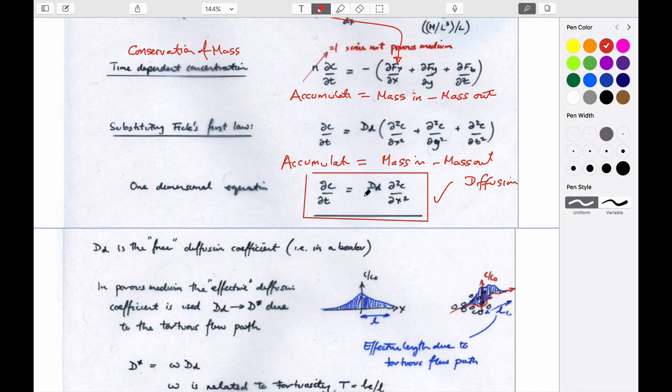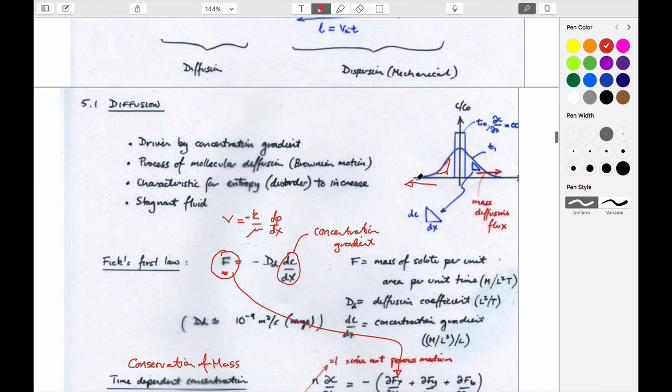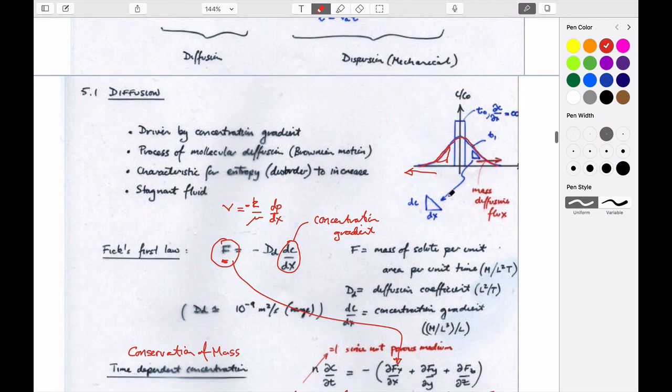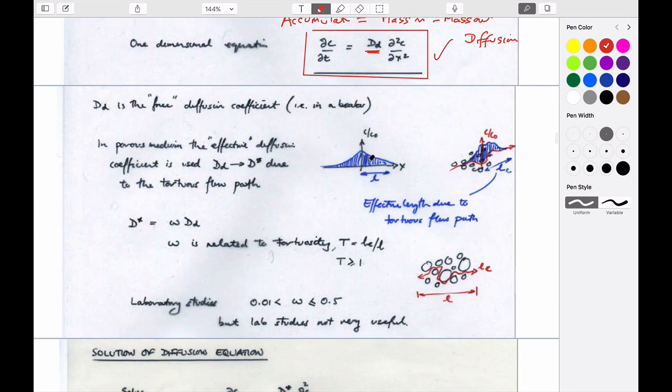The equation that we derived is really for a beaker with no soil in it. But if you think about having a beaker which is filled with soil, into which you put your ink drop, you can imagine that when this spreads out, as it did before, so remember these profiles, this is like a grade point curve, right? This Gaussian distribution then has to spread out, but not in water, which can go in all directions.